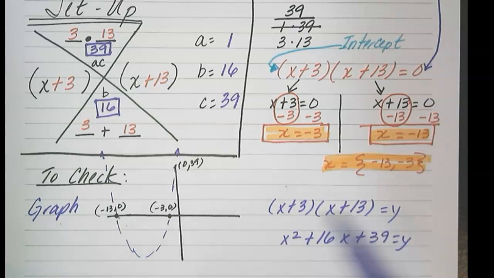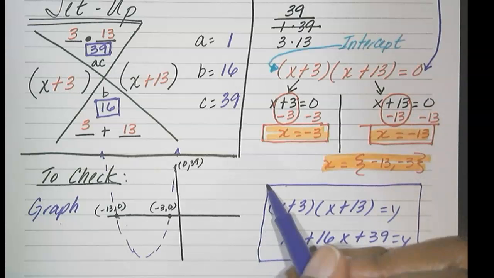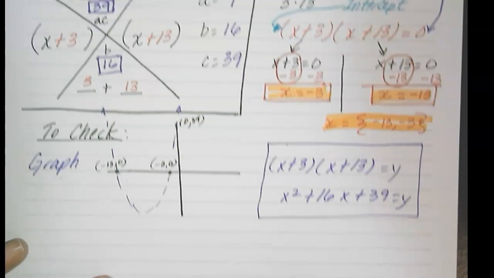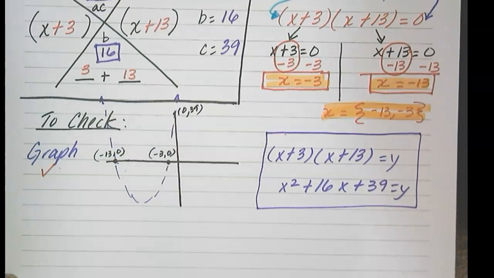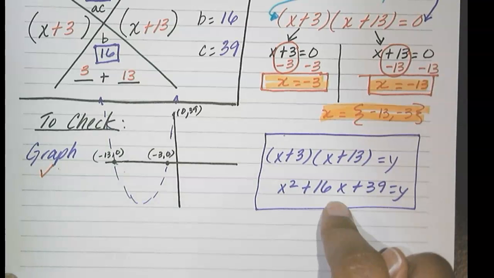And what should happen is that these two graphs will overlap perfectly. If there's anything off or movement to the side or up or down, you did that incorrect. And don't forget another way. So you can graph it and check it in 2 ways, for your intercept as well as to see if you did this portion right.